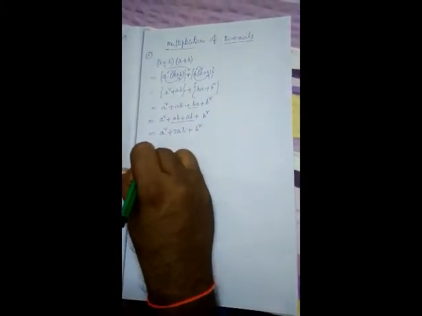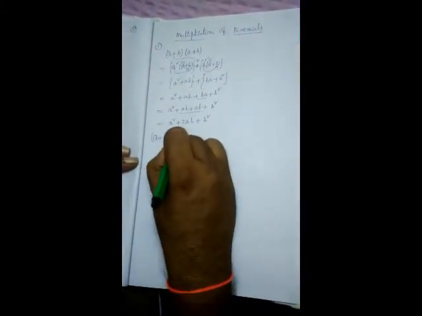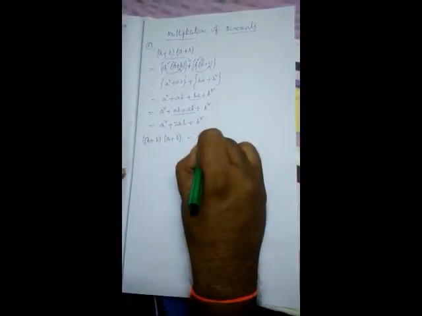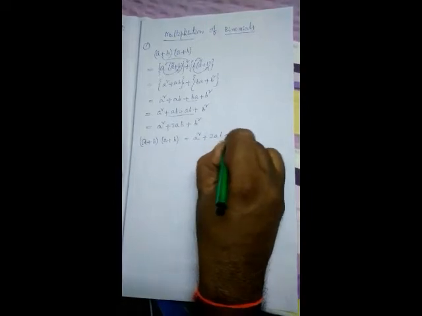Actually, this is one algebraic identity: (a + b) into (a + b) is equal to a square plus 2ab plus b square.